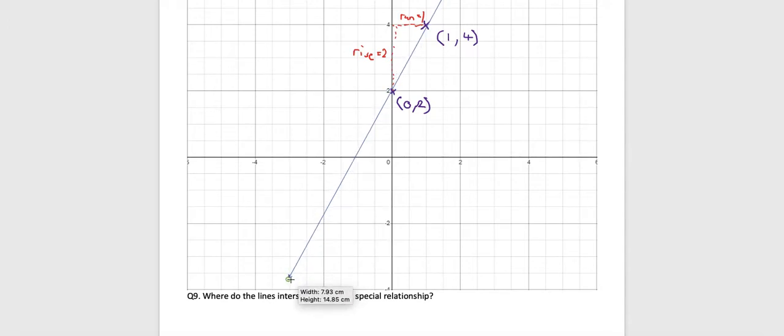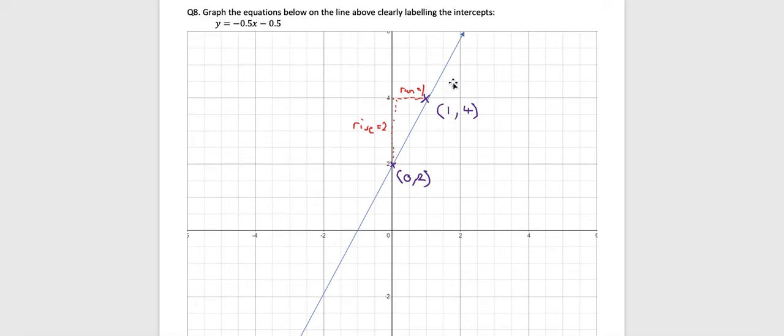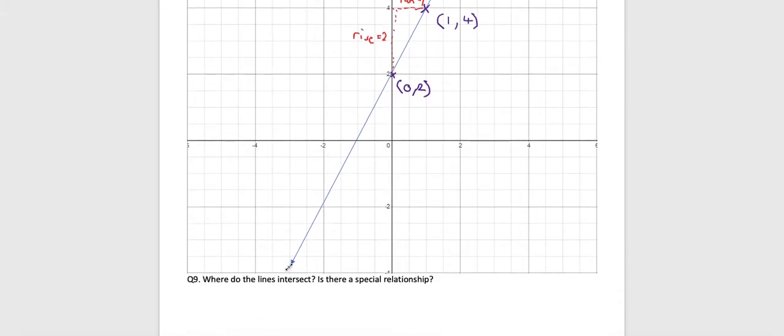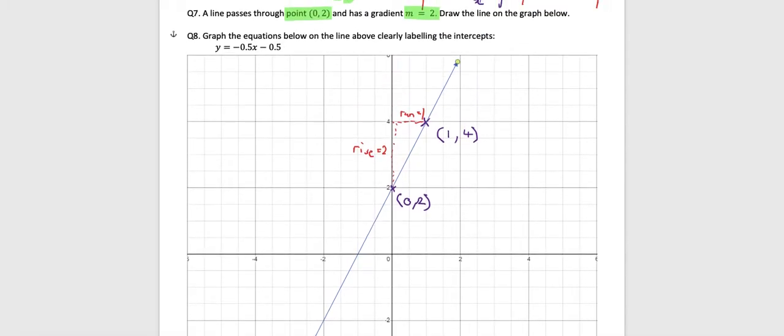If I don't have the arrowheads, I'll be in a bit of bother. So I just move that down there, and that seems to be pretty close enough. There we go.